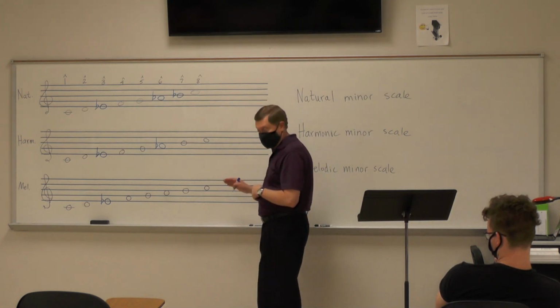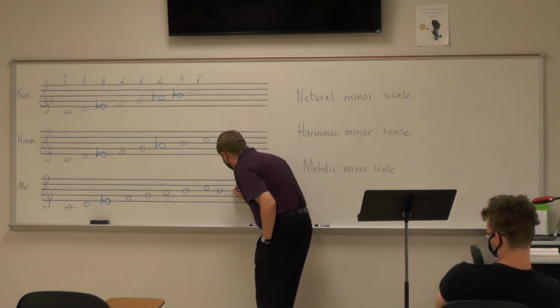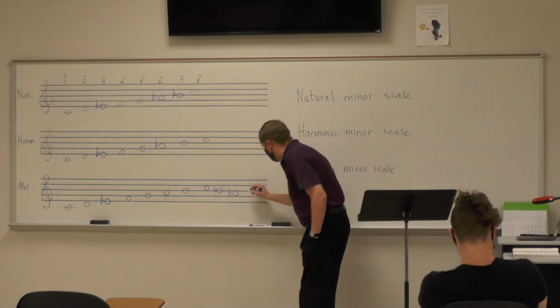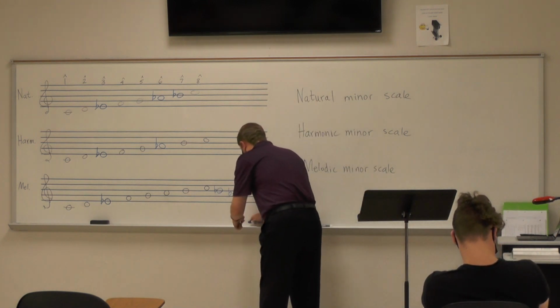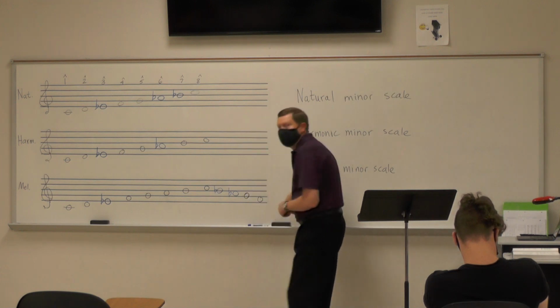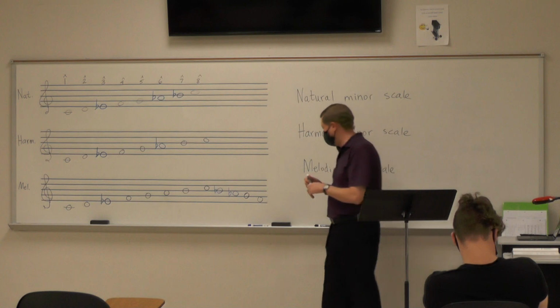On the way down, the melodic minor scale uses the lowered 6th and 7th scale degrees, or the minor 6th and 7th scale degrees. Okay, and then everything else is identical to the natural minor scale.